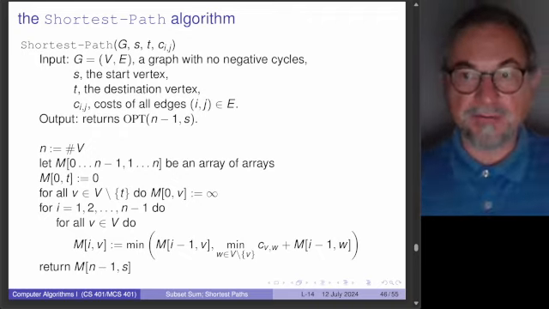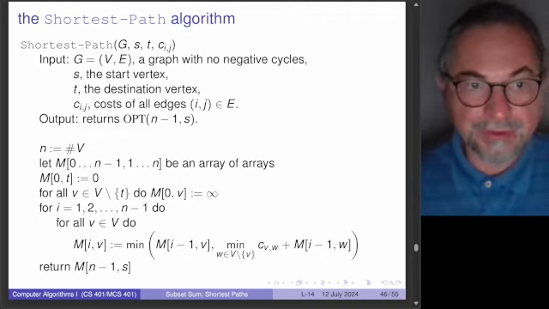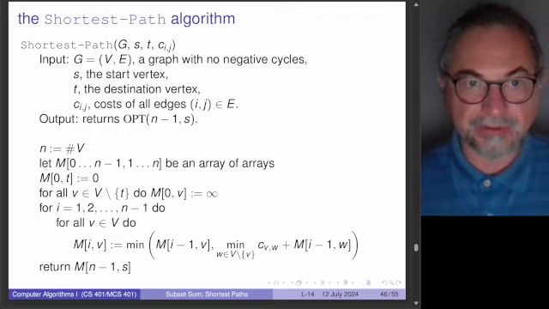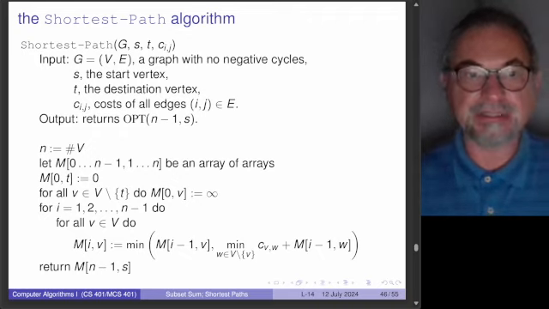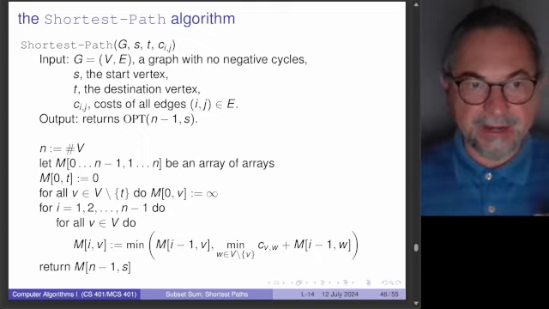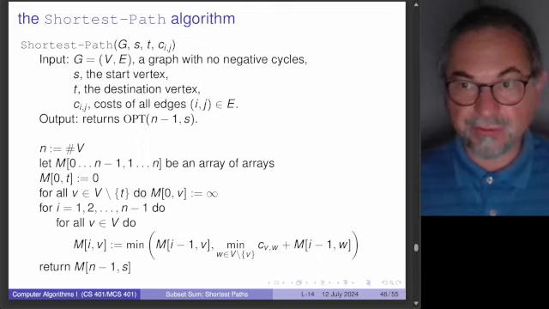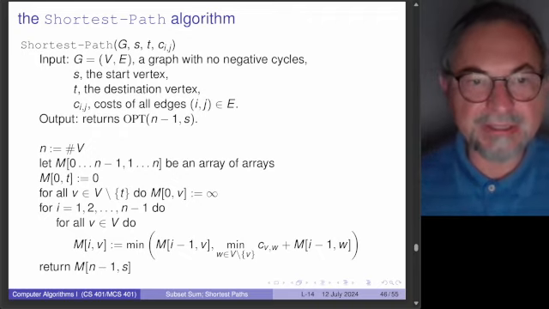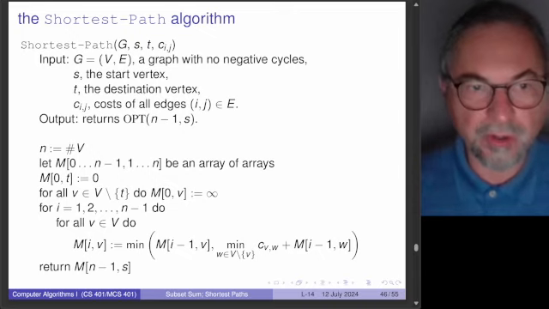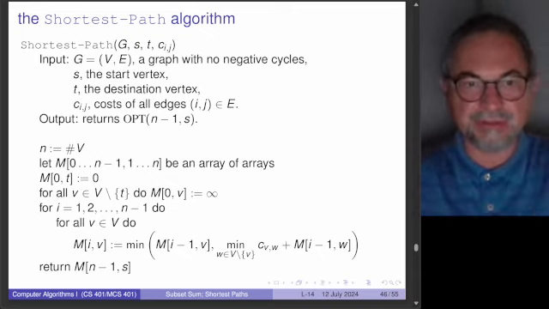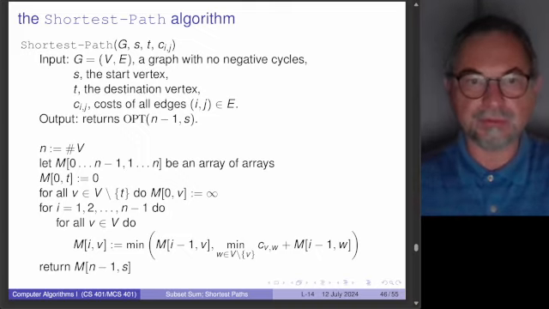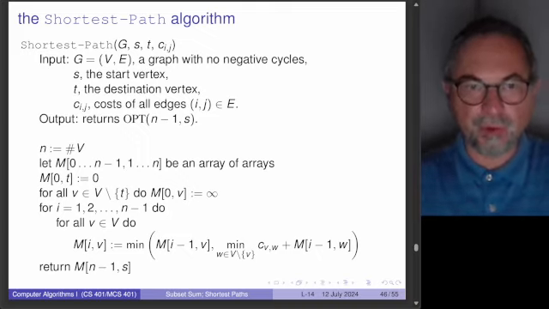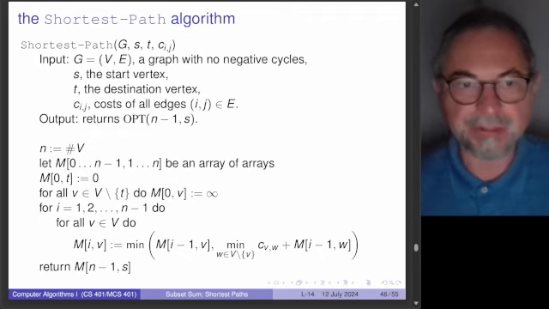Okay, so we have our table which we initialize. So we have the target or the destination vertex t. For there we know that the distance is 0, getting to t from t. And we initialize all others at infinity. We initialize the 0 row. So it's a row-oriented algorithm where the rows indicate the length of the path, the number of edges in the path.